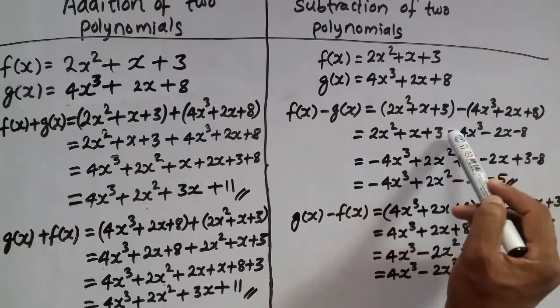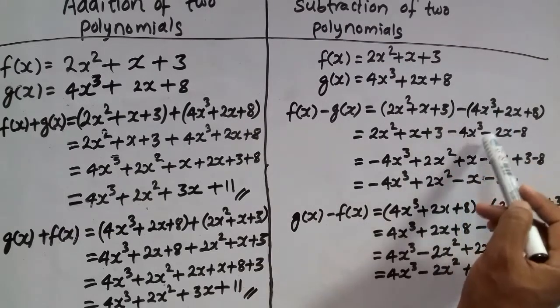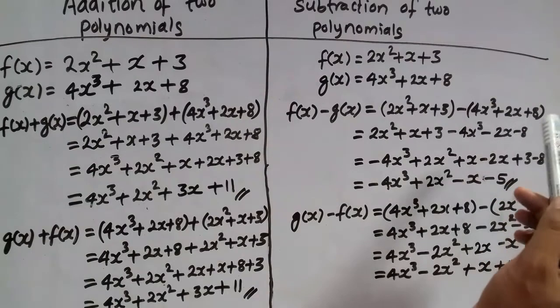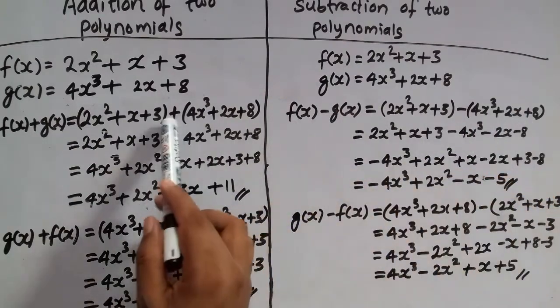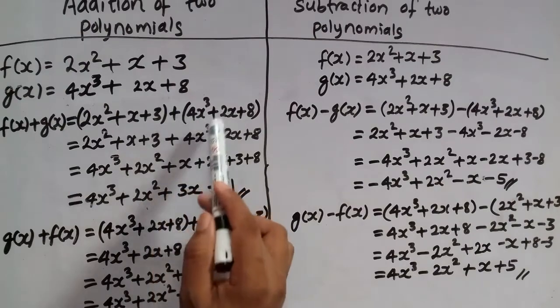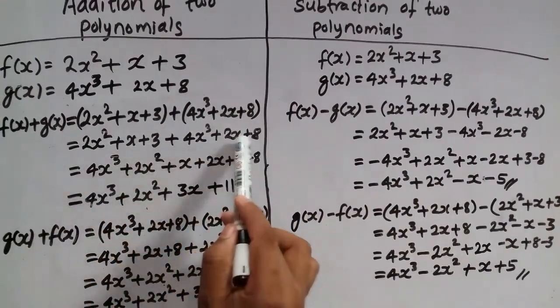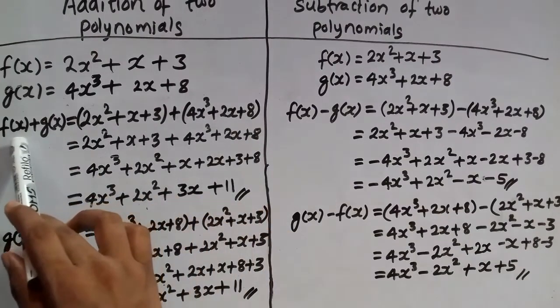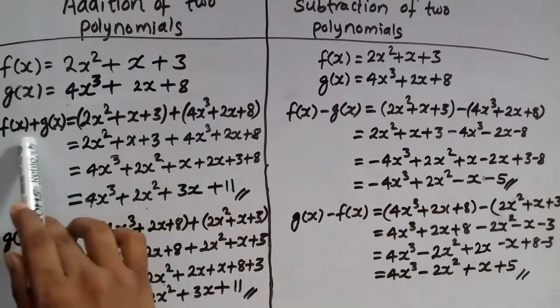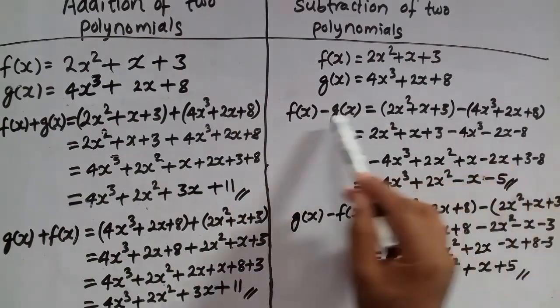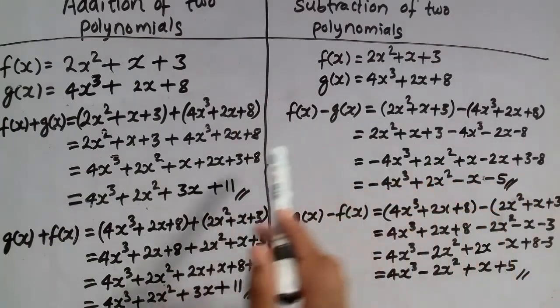So minus into plus is minus, and plus into plus is plus. Writing this directly makes no difference in addition, but it makes a difference in subtraction.